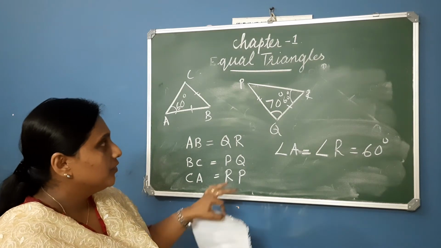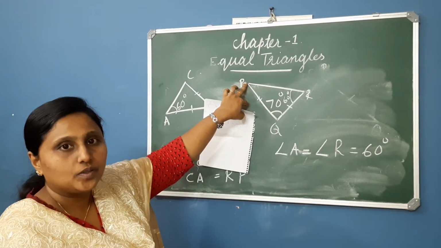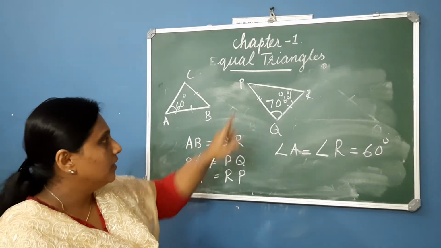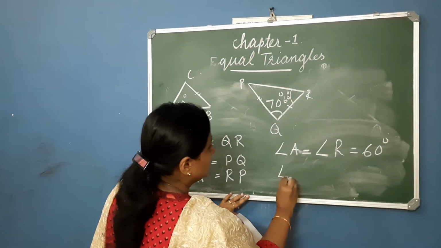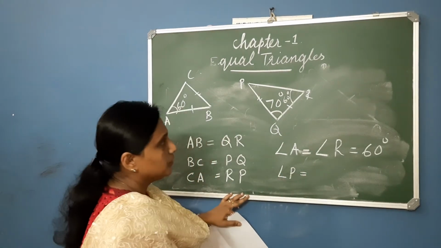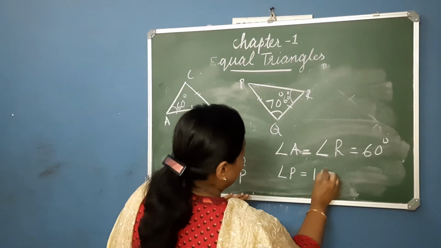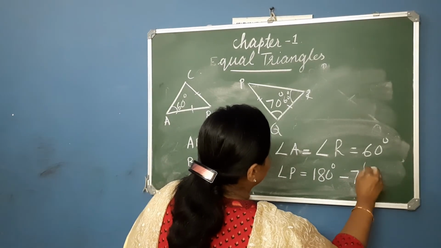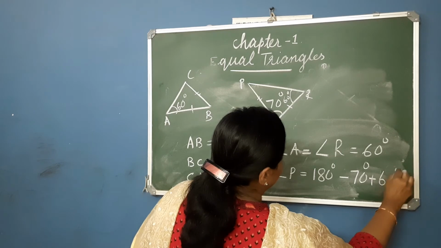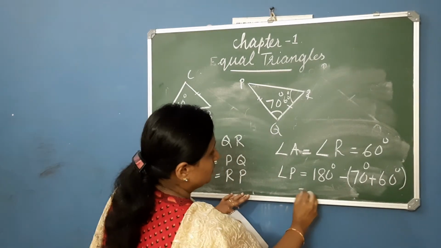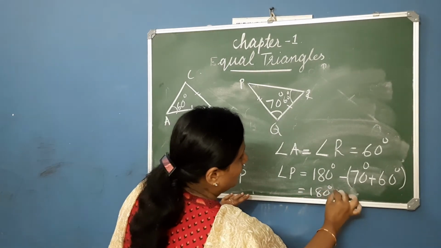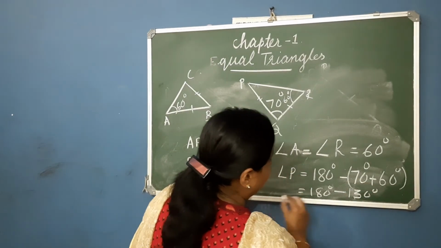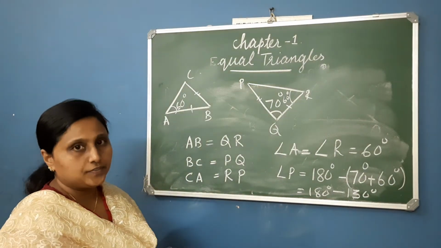Then, we can find the next angle also with the fact that total angle in a triangle is 180 degree. Therefore, what is angle P? Angle P is equal to 180 minus 70 degree plus 60 degree is equal to 180 degree minus 130 degree, which is equal to 50 degree.